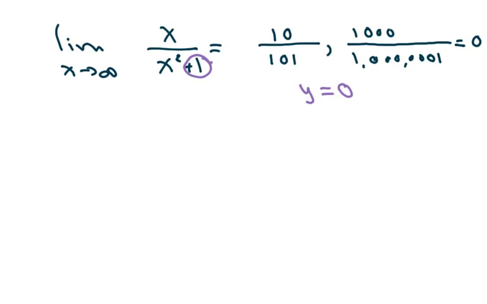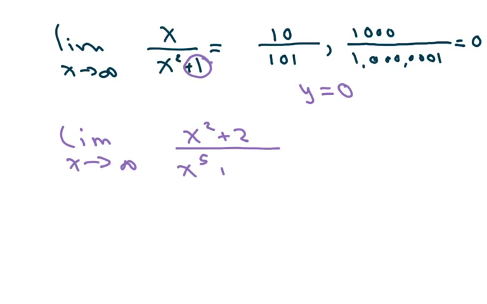You could also do something like the limit as x approaches infinity of, say, x squared plus 2 over x to the 5th plus 3x to the 4th plus, say, 1. I'm just making things up.